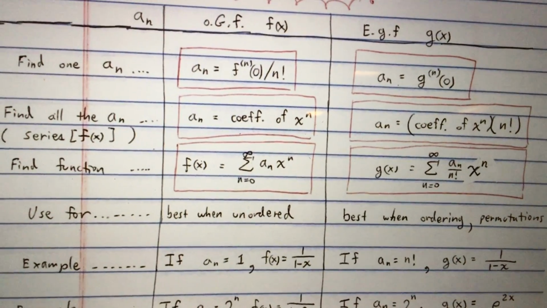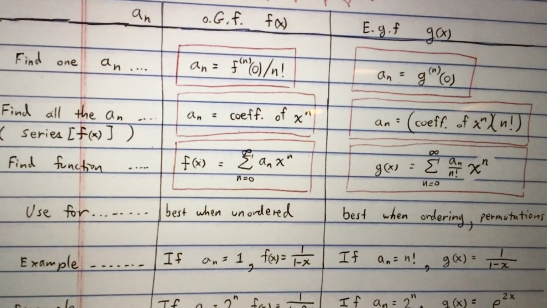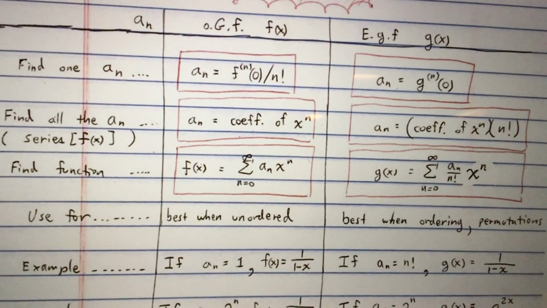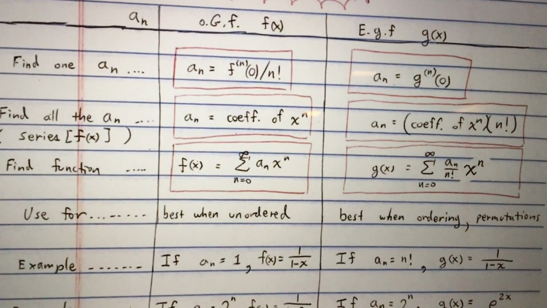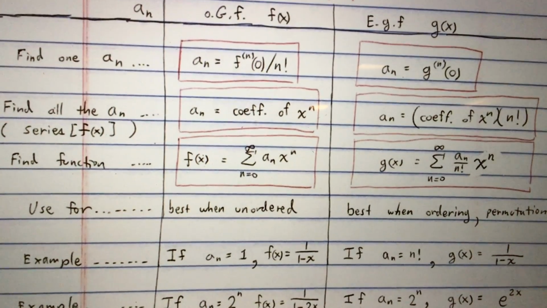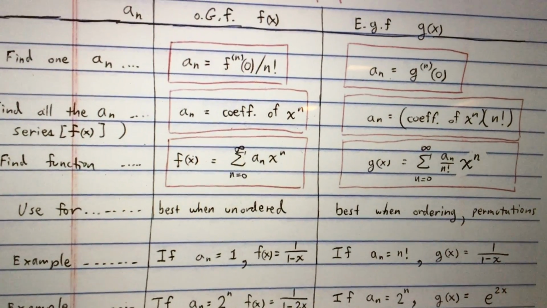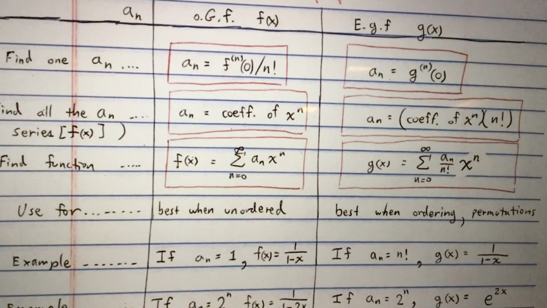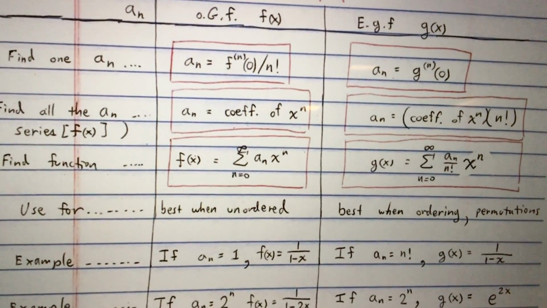Those solutions would be three numbers for the three variables, but it's just an unordered collection. But when you have ordering, like permutations, like pin numbers, the EGF works the best.